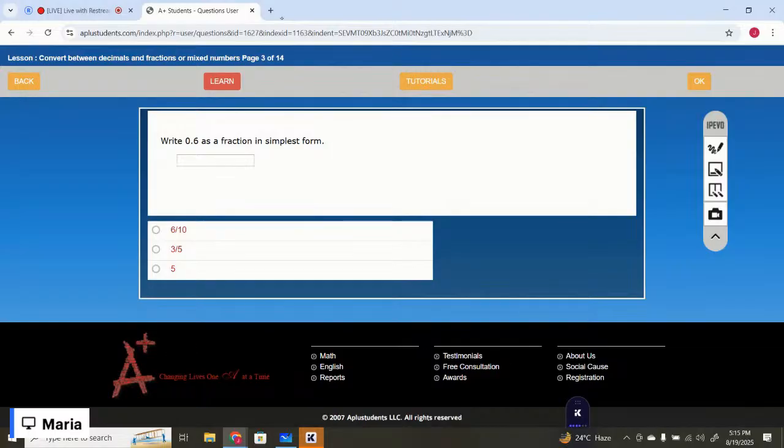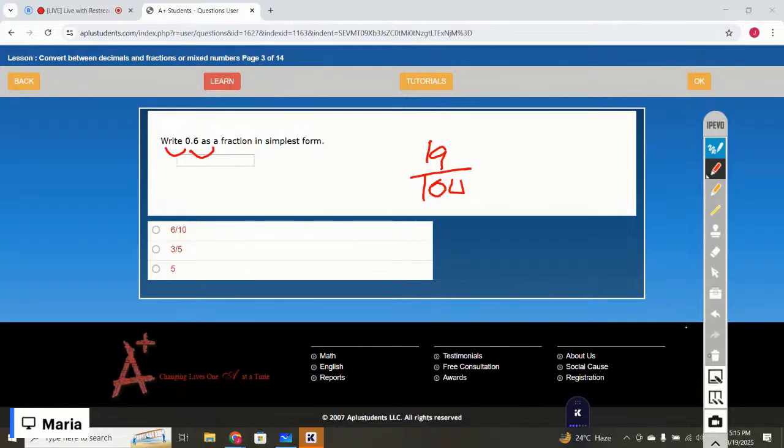Write 0.6 as a fraction in simplest form. The first thing is we need to convert it into a fraction, so that would be 6 over 10. And then we need to write the answer in the simplest form. So we need to divide them by 2, that is 3 by 5.